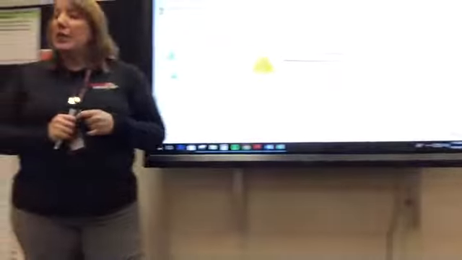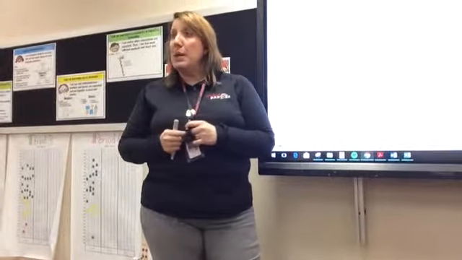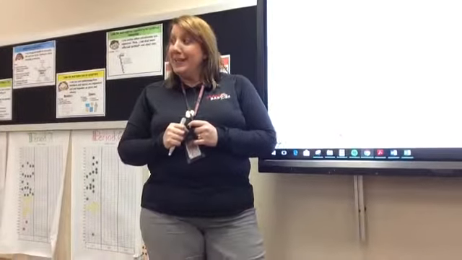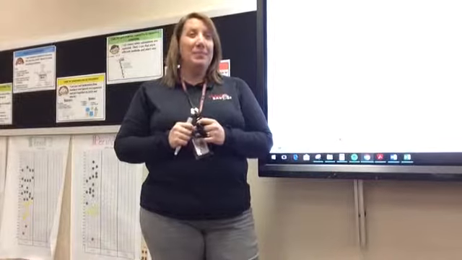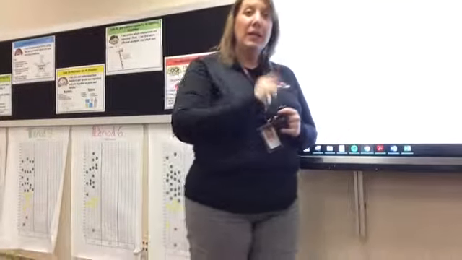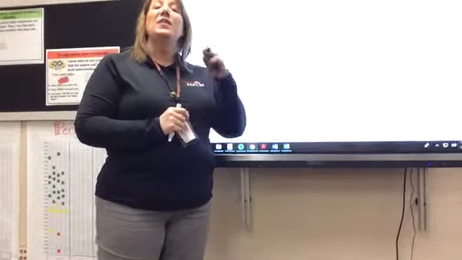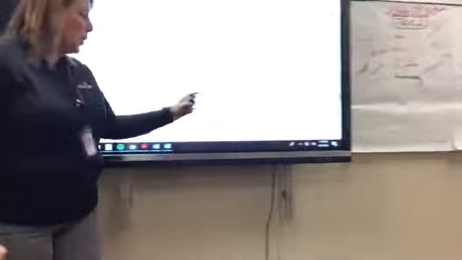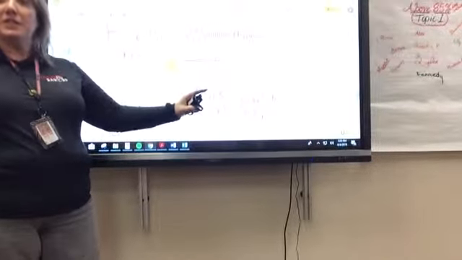What do I have to do to get rid of the 64 thirds? Who remembers? Multiply by the reciprocal. The reciprocal of 64 thirds is 3 over 64.